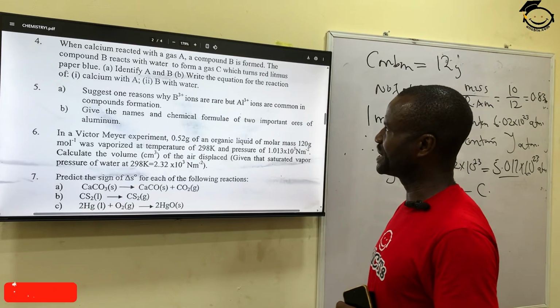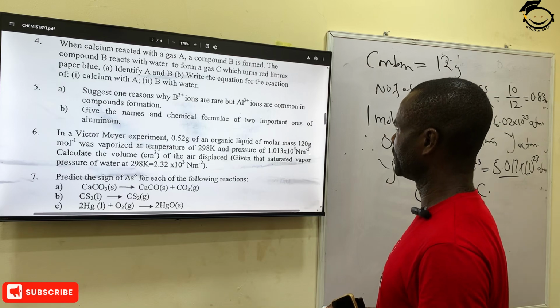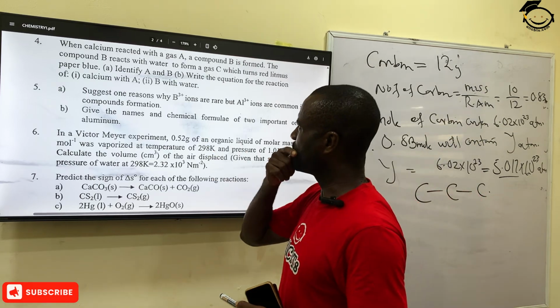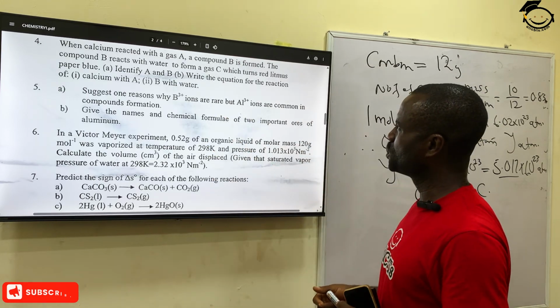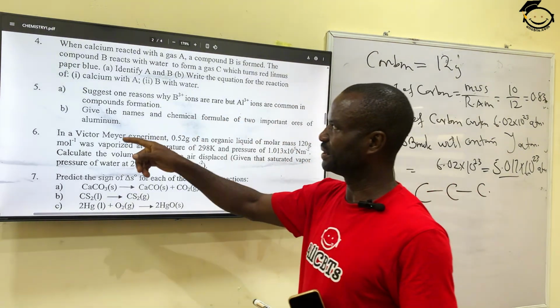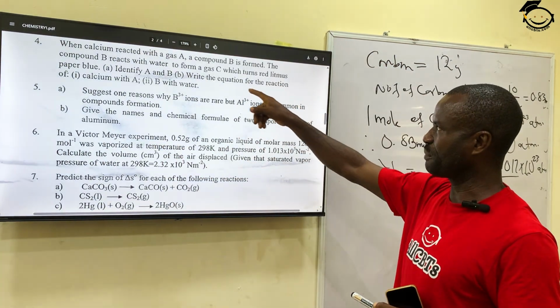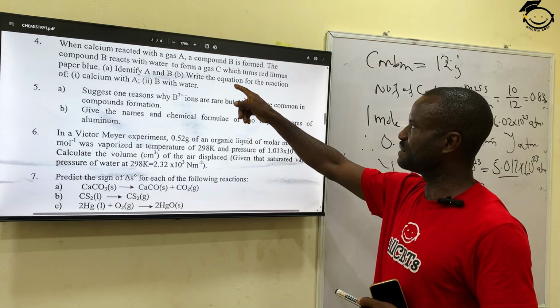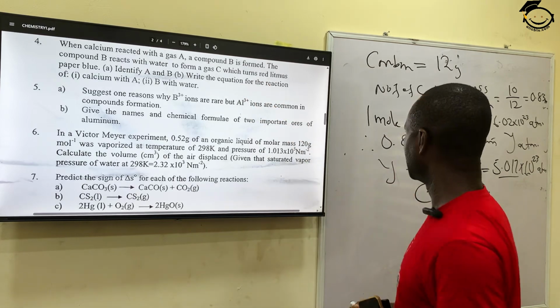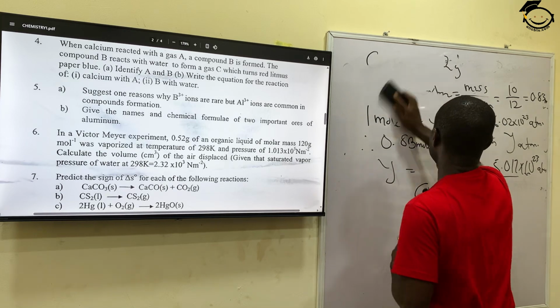When calcium reacts with a gas A, a compound B is formed. The compound B reacts with water to form a gas C which turns red litmus paper blue. We can get our clue from here. The only gas that can turn red litmus paper blue in the laboratory is ammonia.